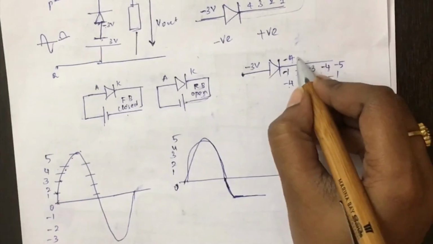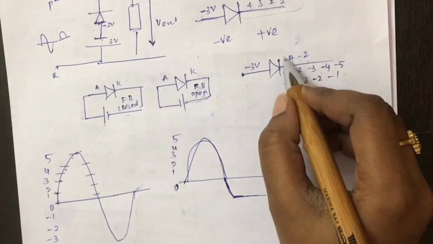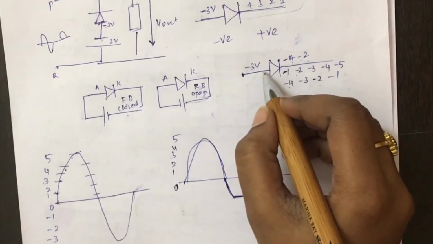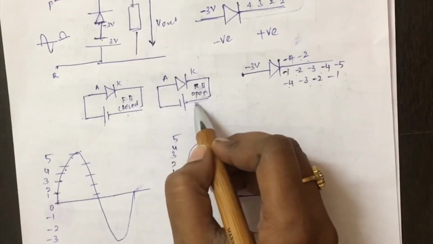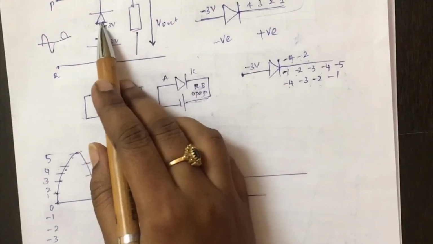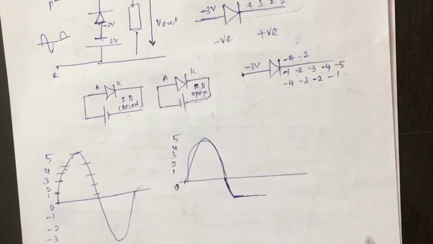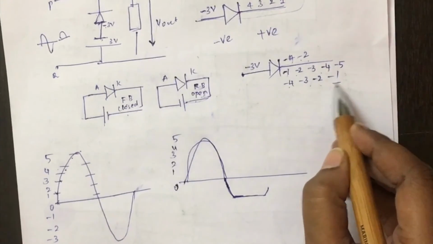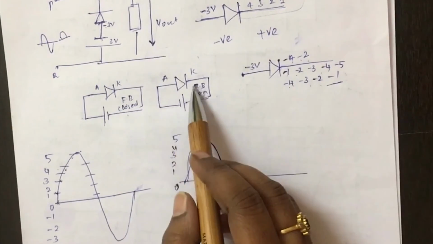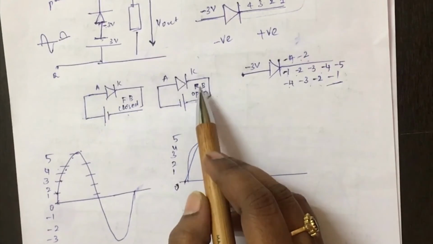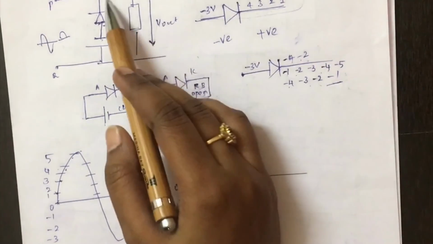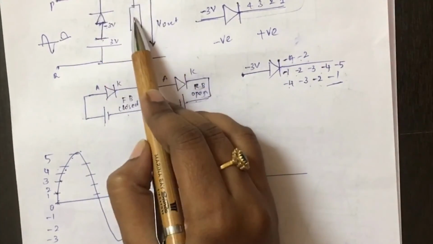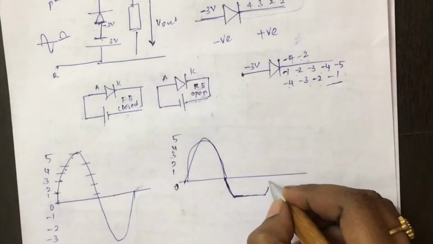So when you apply minus 2, again this cathode is positive than the anode, so reverse bias condition, open switch, no current across diode, entire current is across the output resistor, so you will get the same output value. Then for minus 1 also same, diode will act as an open switch in reverse bias condition, no current across the diode, entire current across the output resistor, so you will get minus 1.